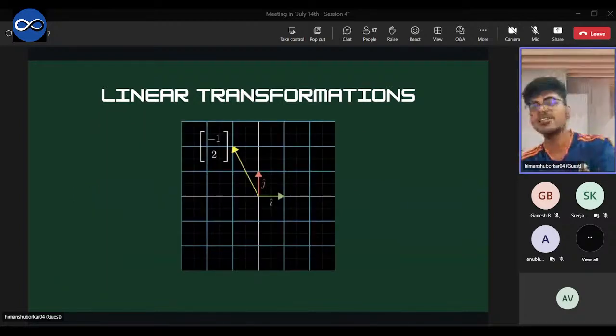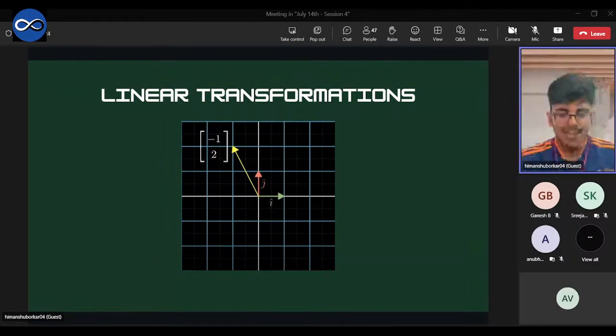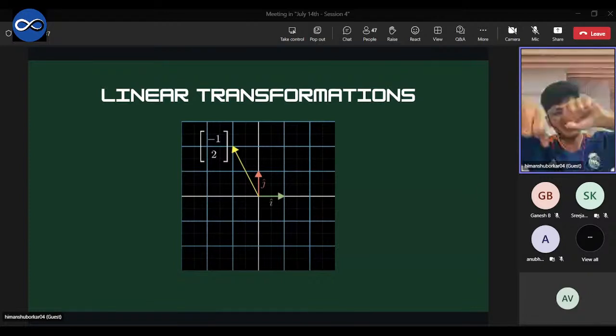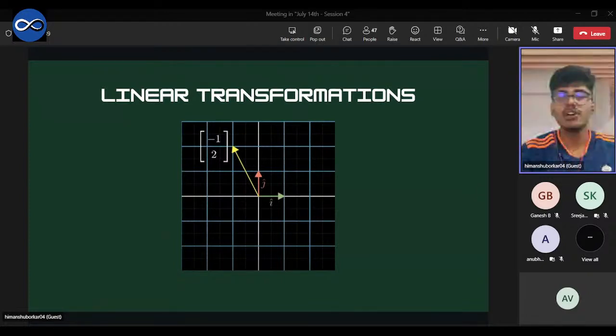Now I want you to consider this point (-1, 2), and I'm drawing the vector towards that. What I'm going to do is apply some transformation, put this into a function in such a way that it stretches the graph in some way. It's sort of like a mop, right? You're taking a mop which is rectangular, and then you're rolling it and stretching it.